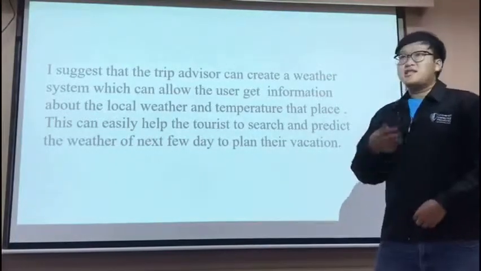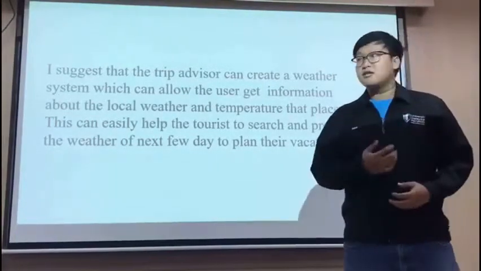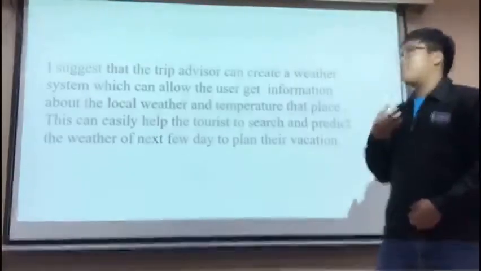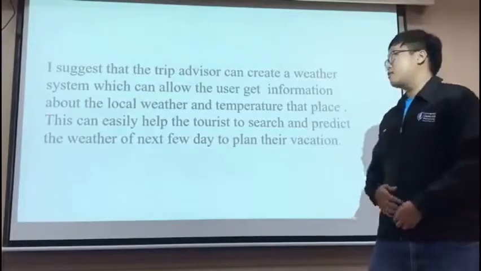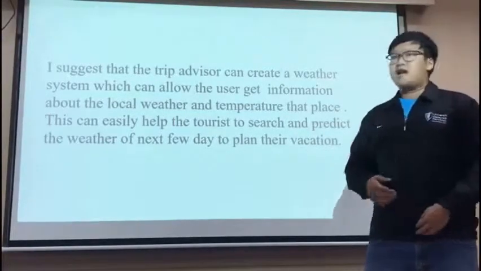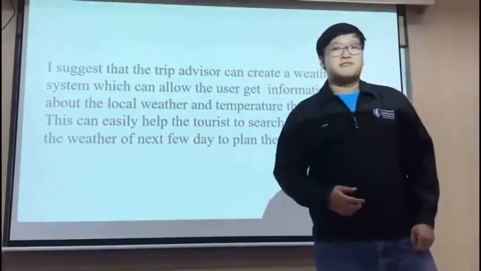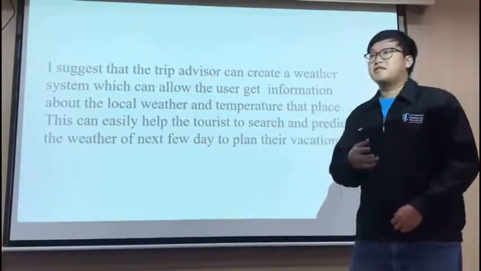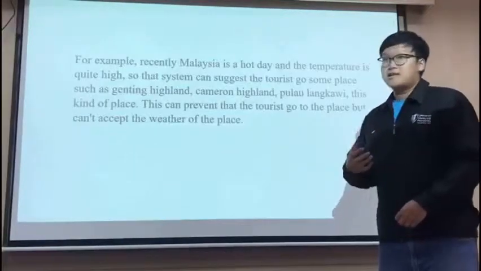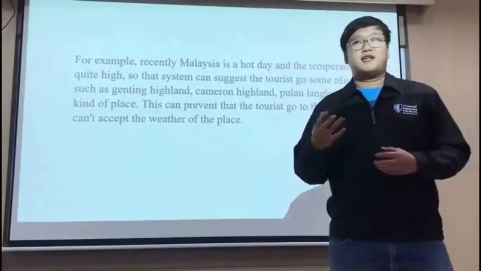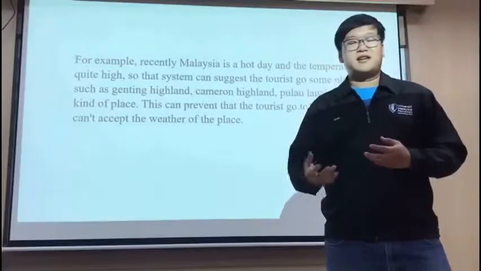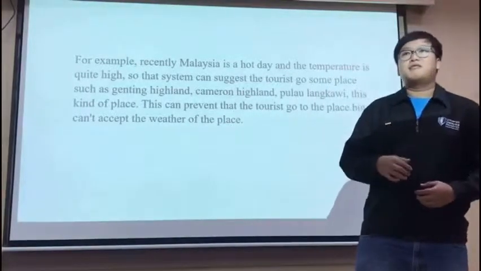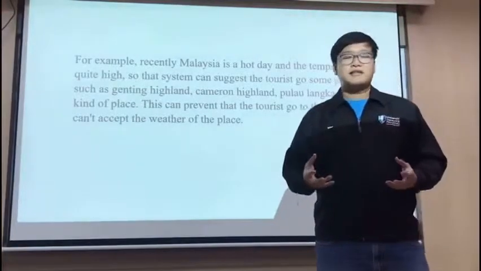This can easily help tourists and users to search and predict the weather for the next few days to plan their vacation. For example, Malaysia recently has hot weather and the temperature is quite high. So if the tourist is going to a hot place, I think they just go ahead, because some tourists like to go to comfortable places.